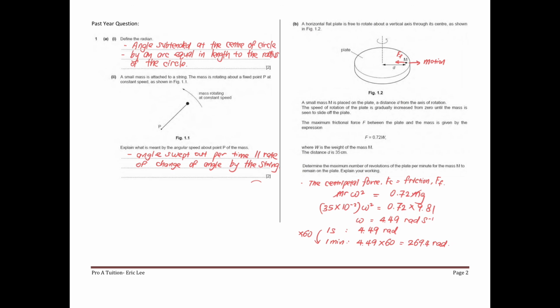So in 1 minute, the angle it makes is 269.4 radians. And we want to know how many revolutions there are. We know that one revolution is 2 pi. So we divide by 2 pi to find out how many revolutions. So we get 42.9 revolutions per minute.